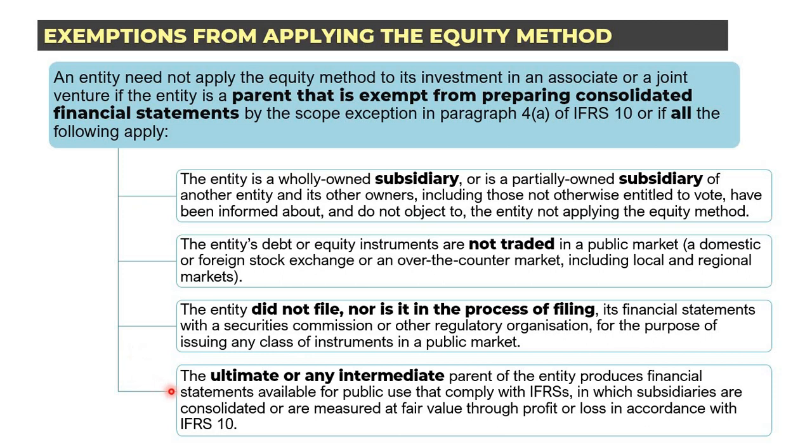Then, yung last condition for the exemption, the ultimate or intermediate parent daw of the entity, which is again, etong entity na to is tayo, the investor, produces financial statements available for public use that comply with IFRS, in which subsidiaries are consolidated or are measured at fair value through profit or loss in accordance with IFRS 10.